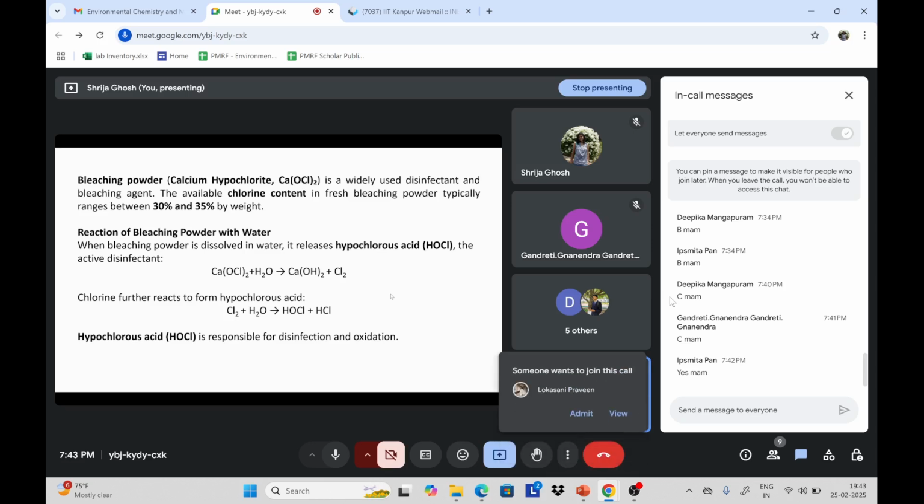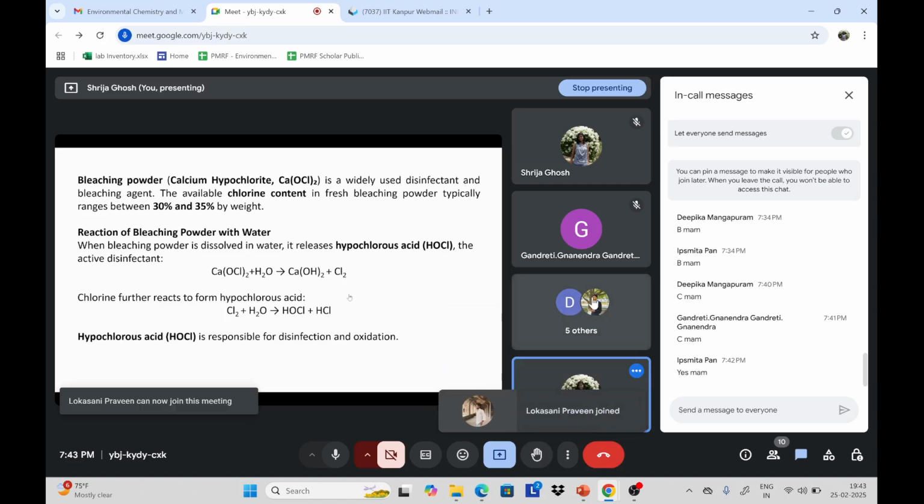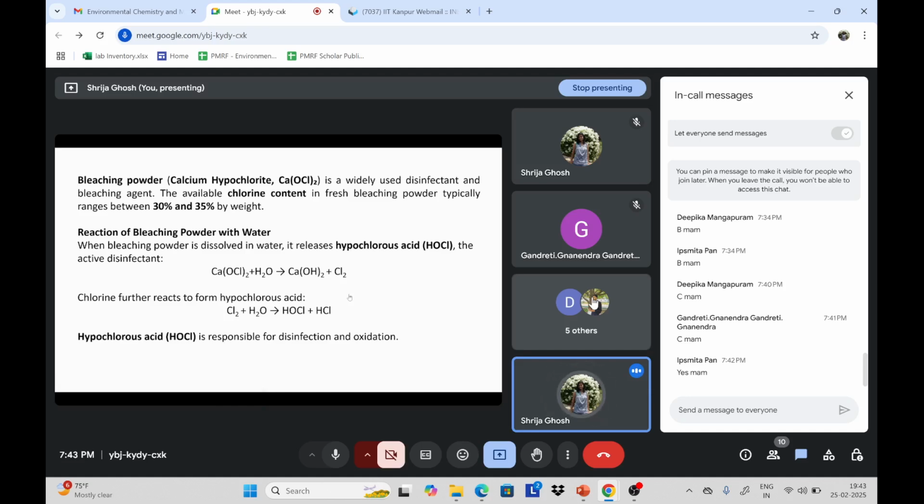And if you have seen bleaching powder getting dissolved in water, or if you have ever come across a solution of bleaching powder, you must remember a distinct smell of bleaching powder. And you must have seen that the solution kind of gets hot when the bleaching powder gets dissolved.